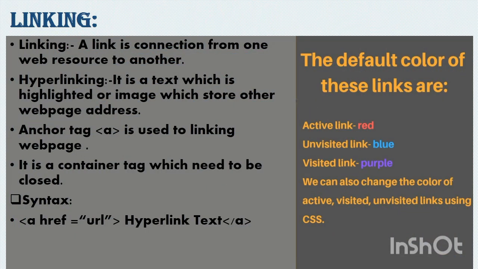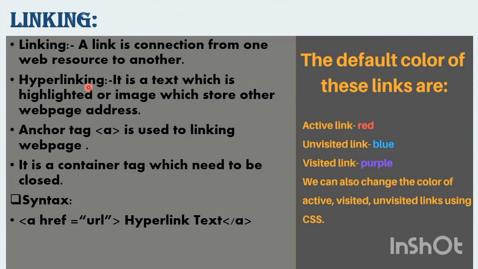Linking. Now what is linking? I hope you have understood image and its attributes. A link is a connection from one web resource to another. Now what is hyperlink? For connecting one web page to another, you have to click on a certain text or an image.